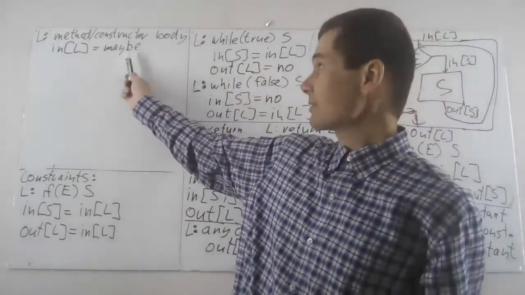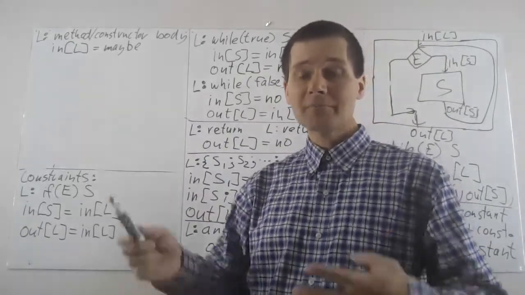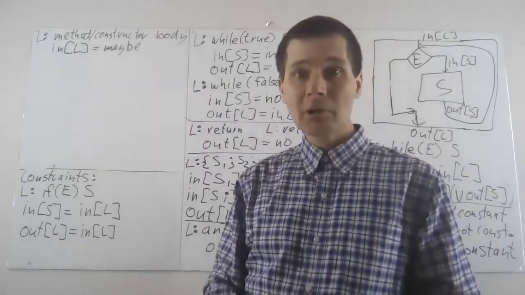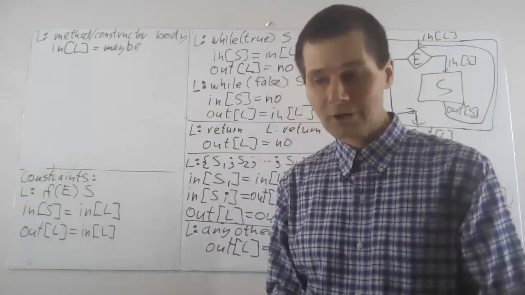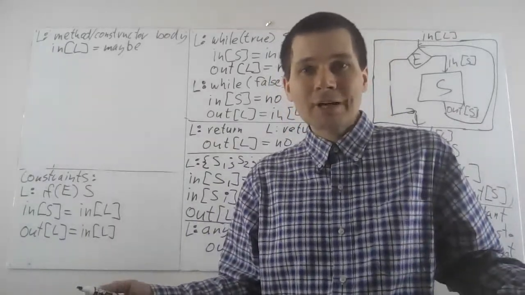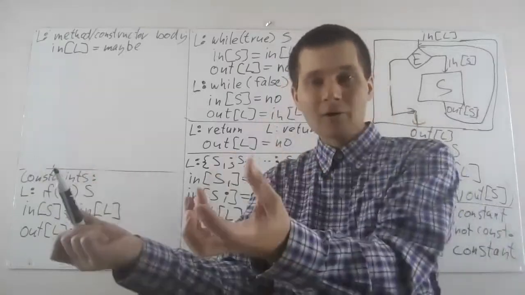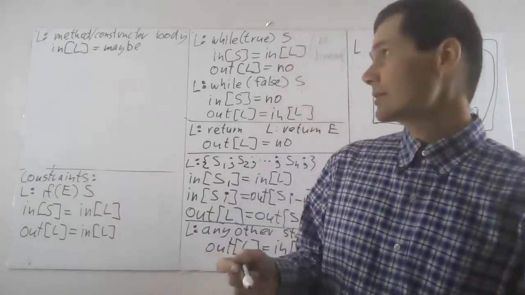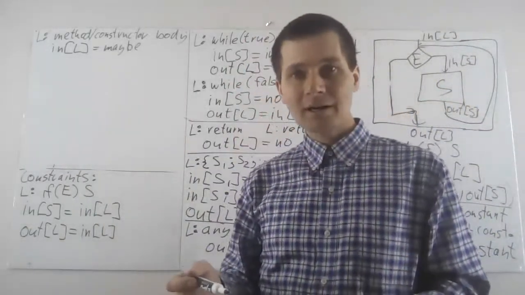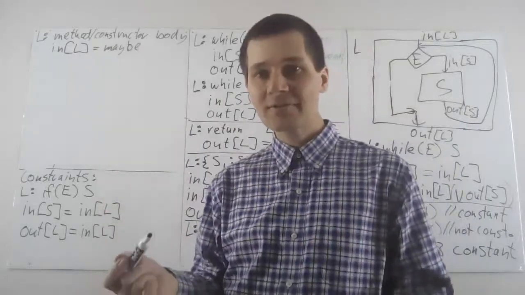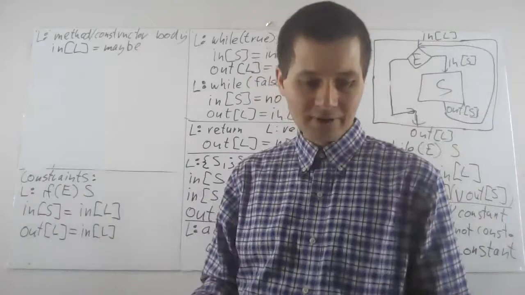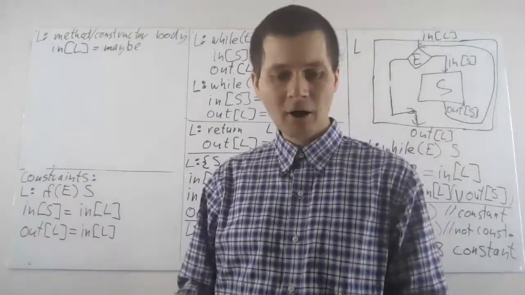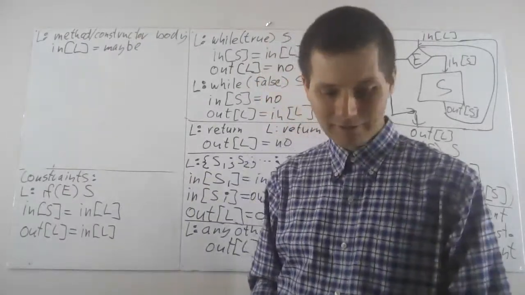Having said that, this is also a form of imprecision, because you're assuming that every method in your program could possibly start executing, but that's not necessarily true in all programs. You could write a method, and if you never call it anywhere, then it's not going to start executing. But saying maybe is always safe, and the analysis that the Java spec specifies says that you should assume that all methods could begin executing, even if they're never called.